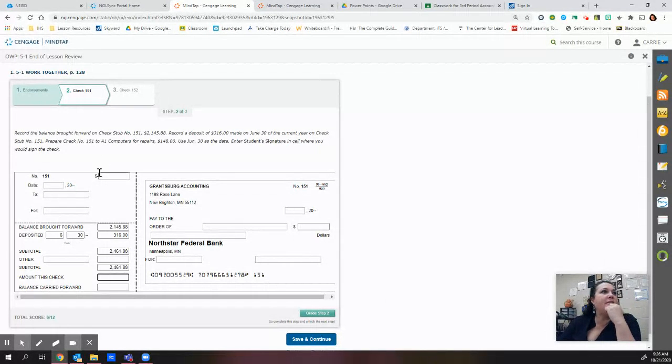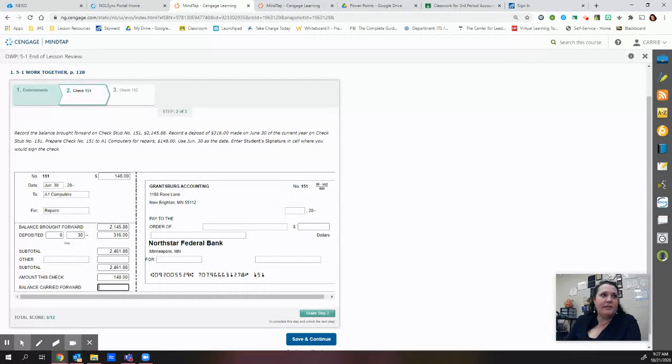Okay, so that's recording the deposit. Now they want us to create this check to A1 Computer. So let's start with the amount, which is $148. And this is going to happen on June 30th to A1 Computers. And it's for repairs. And then the amount of this check is $148.